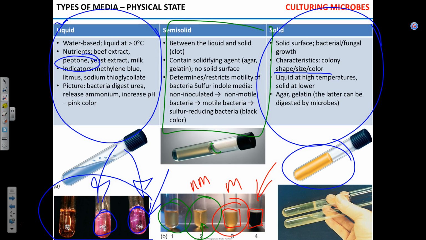So this medium, when sulfur reducing microbes grow in it, they go from this to this. So this is the reduced form of sulfur. This is sulfide ion.